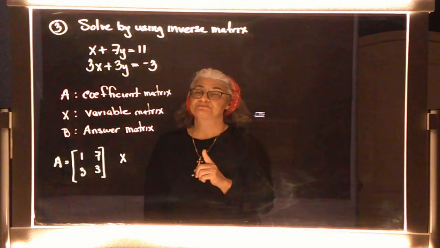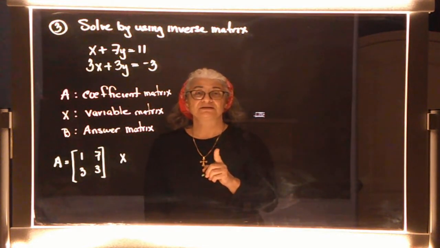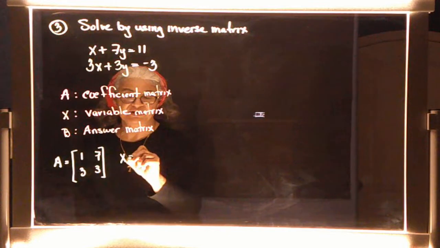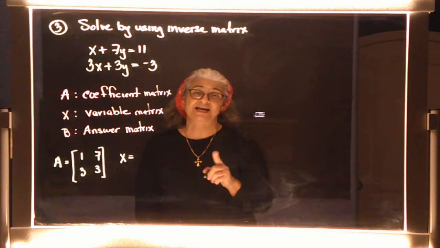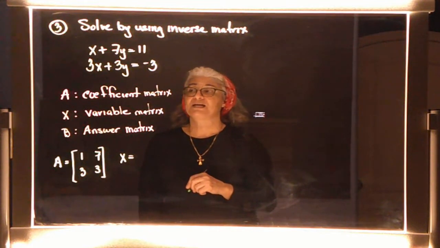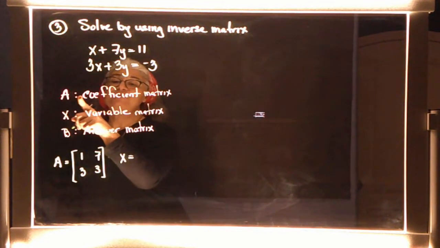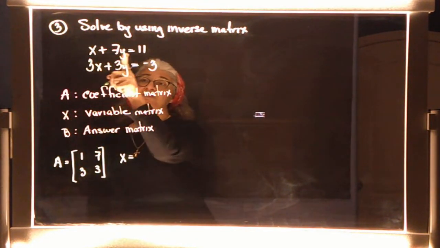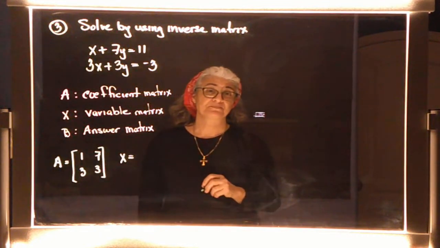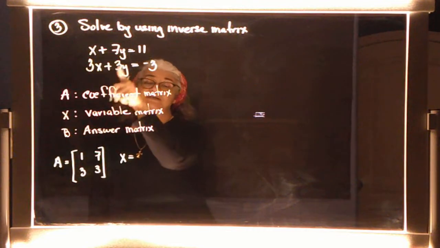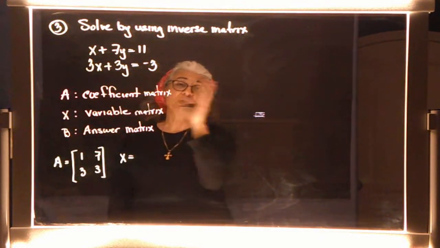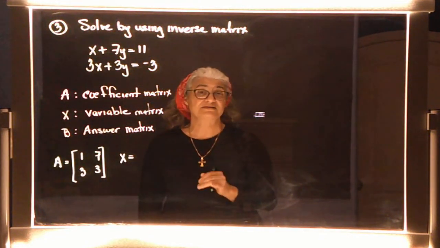Now, this one, I have to make certain you understand why this one has the size it has, why it's the order it has. My coefficients are multiplied to my variables, aren't they? Yeah, the coefficients are all multiplied to the variables. So 1, 7, 3, 3, they're all multiplied to the x's and the y's, yes?